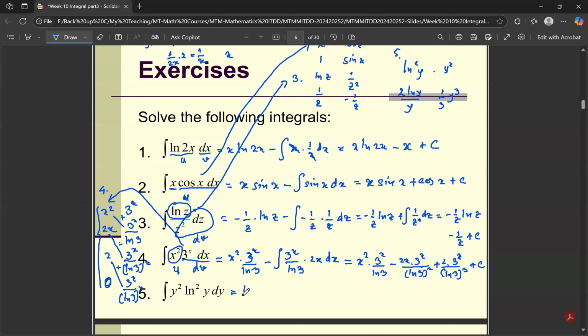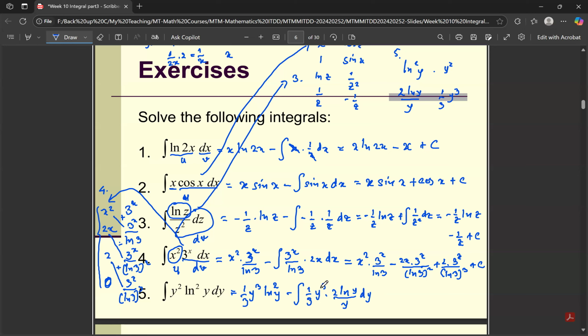We have 1 over 3 y cubed ln y squared, minus the integral of 1 over 3 y cubed multiplied by 2 ln y divided by y dy.